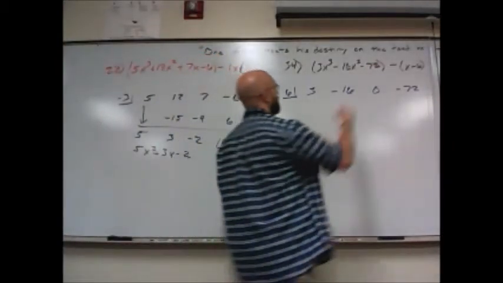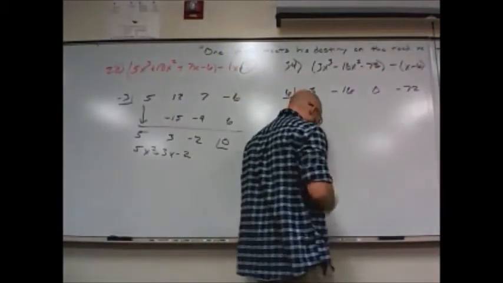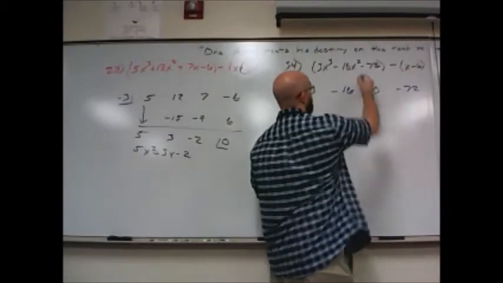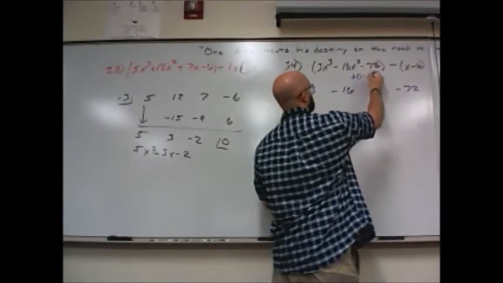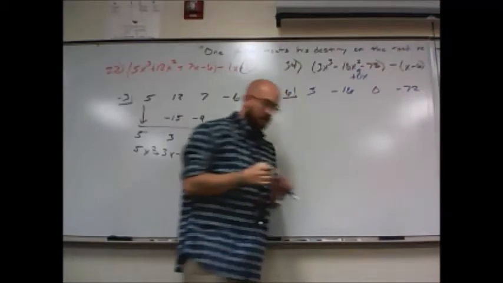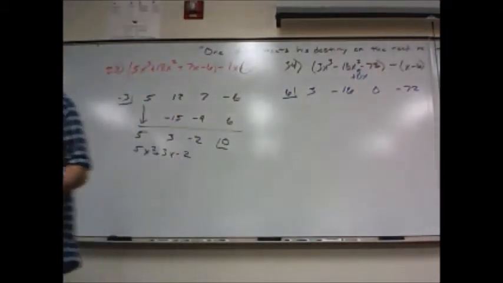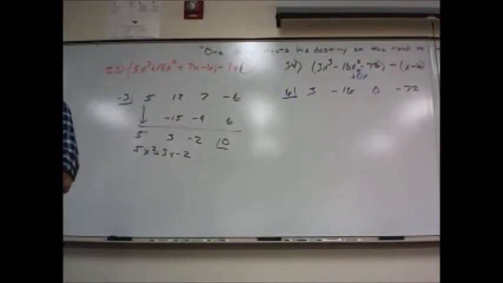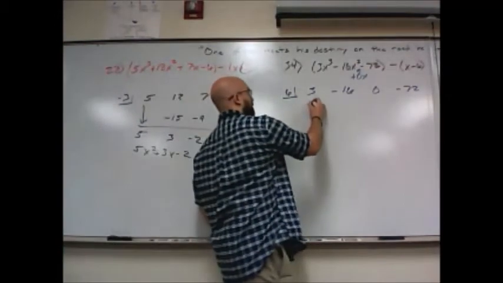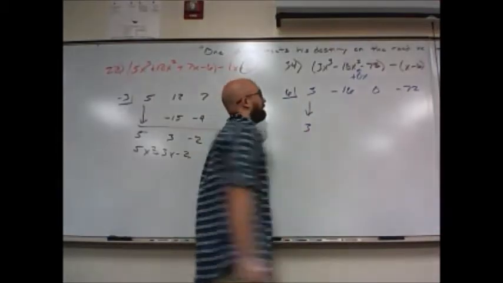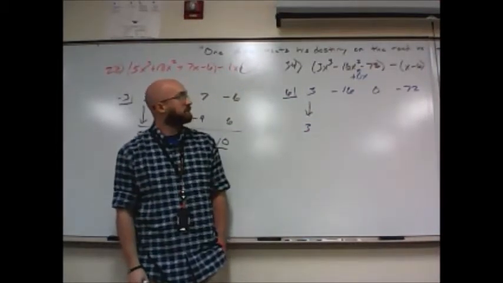The idea is we have to count it down. So imagine we had a plus 0x entered right there. Because 0 times x is just what? 0. So, please do not forget the phantom 0. I guarantee I'm going to test you on it. Clear? Just do like normal. Drop down the 3. 3 times 6 is 18.